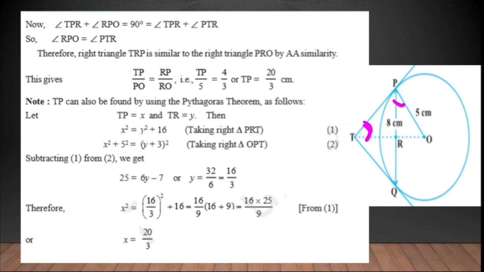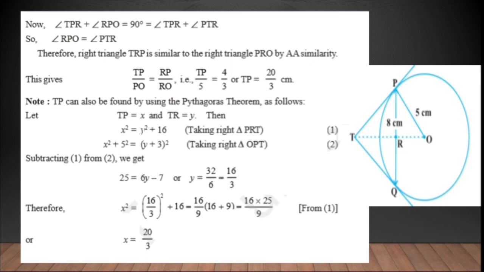Now right angle triangle TPR is similar to the right angle triangle PRO. Why? Because this angle is already equal to this angle and these two angles are 90 degrees. So by AAA similarity, these triangles will be similar.